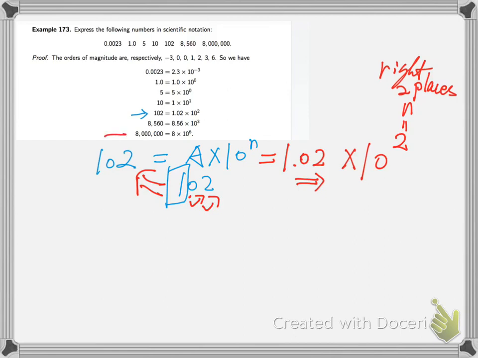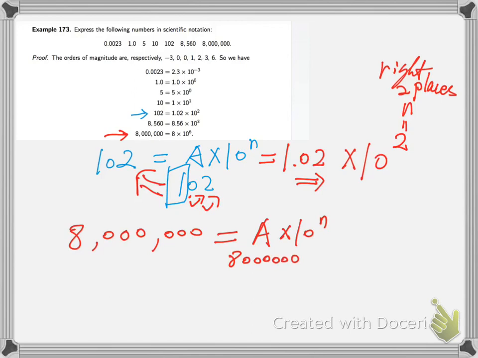Let's look at the bottom question. This is 8 million. It's a big number. How can we change this to scientific notation? First, A is easy. We just put the decimal point after the first non-zero digit 8.